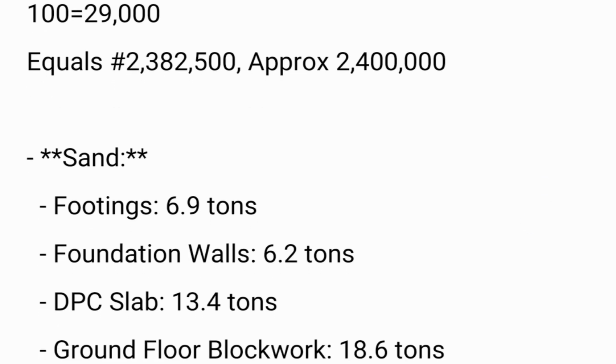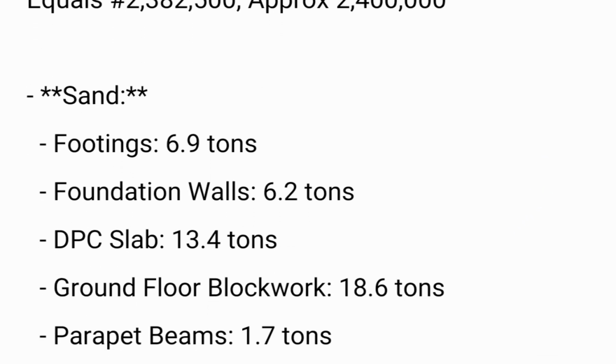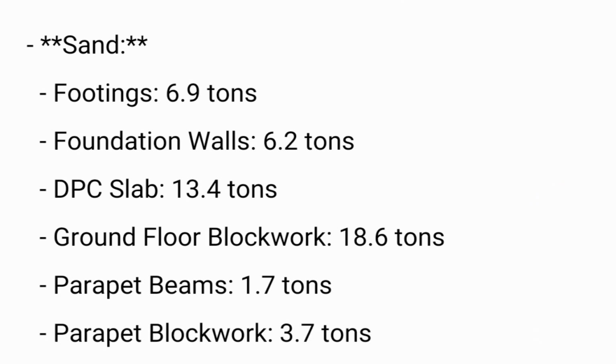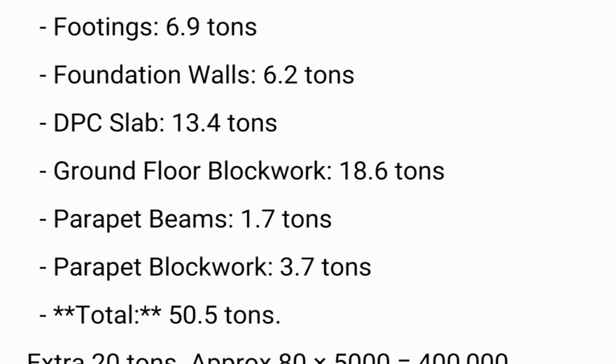Then sand: footing will have 6.9 tons, foundation wall 6.2 tons, DPC slab 13.4 tons, ground floor block work 18.6 tons. Remember that all these sands are not the same. When you talk about DPC, that is casting of DPC, you are talking about sharp sand.